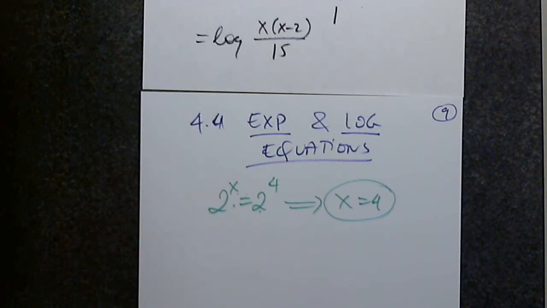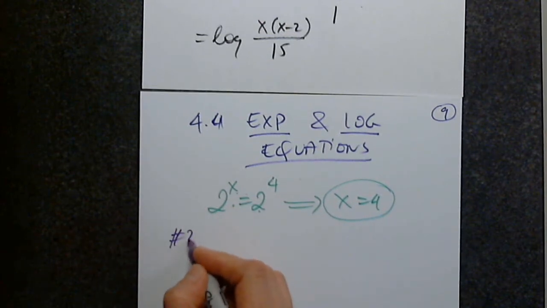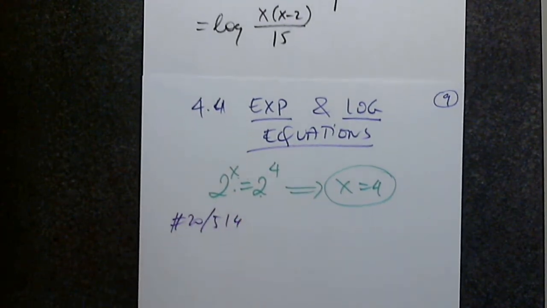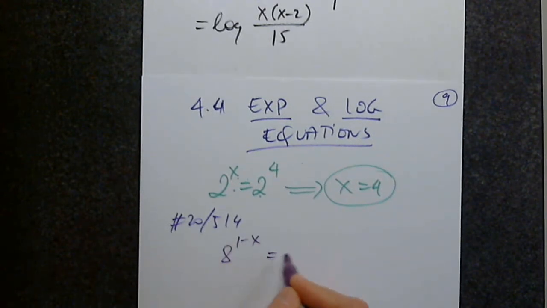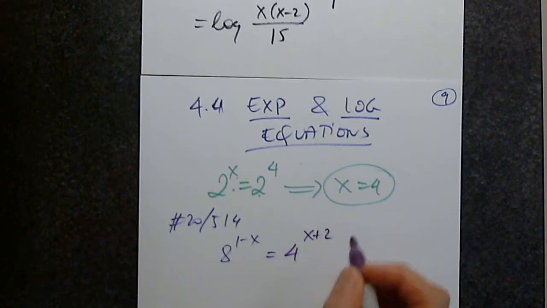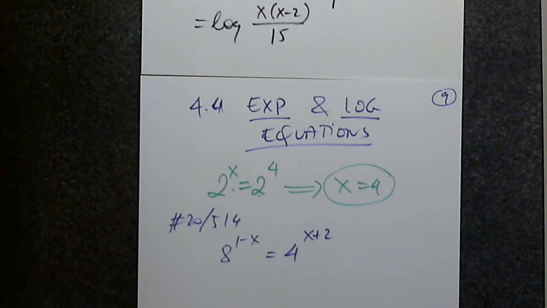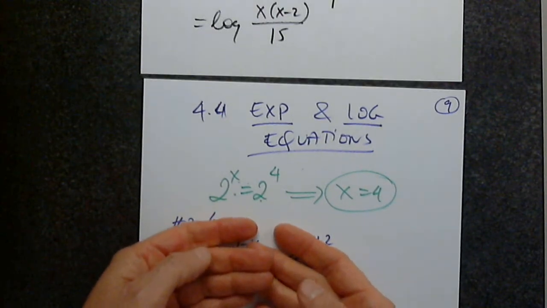Ready? On page 514, let's continue with 20. 8 raised to 1 minus x equals 4 raised to x plus 2. Let's go back to our first example.